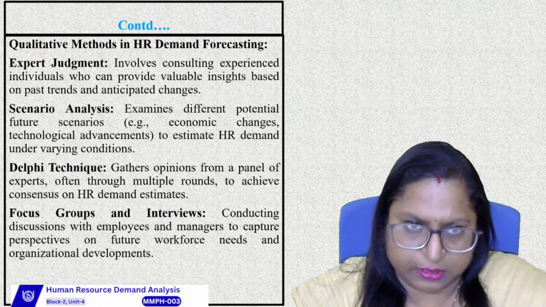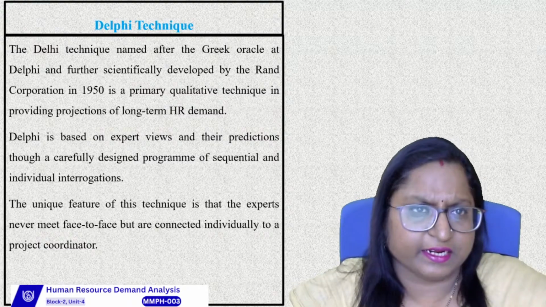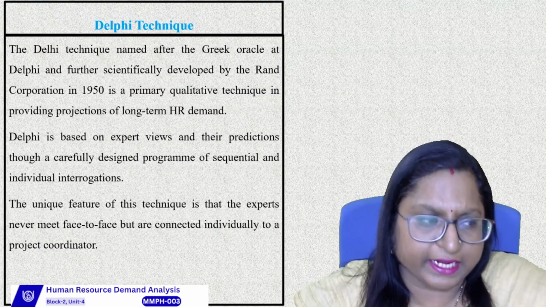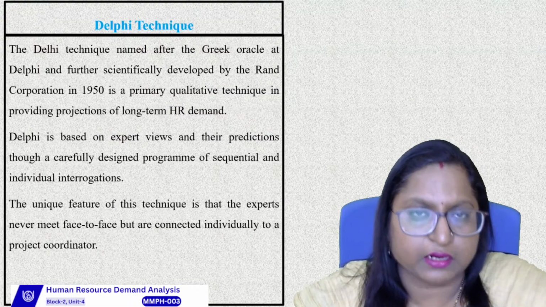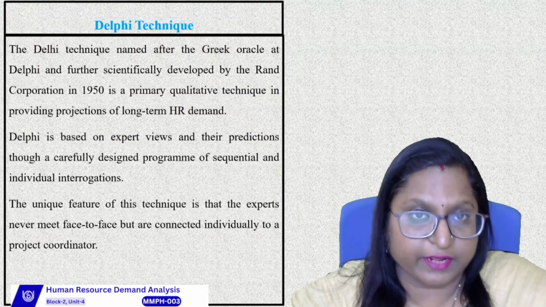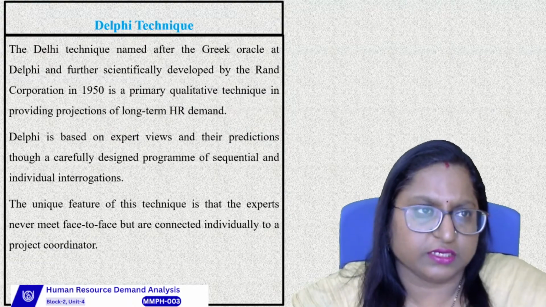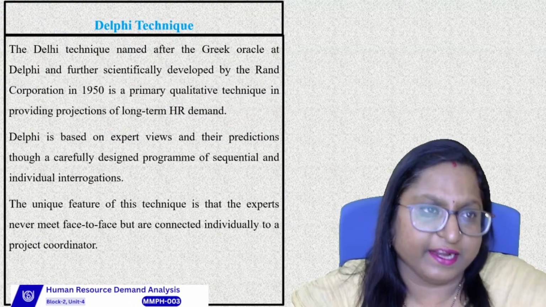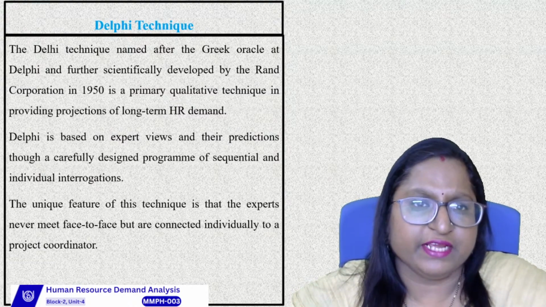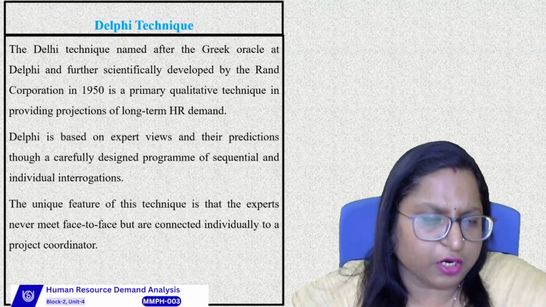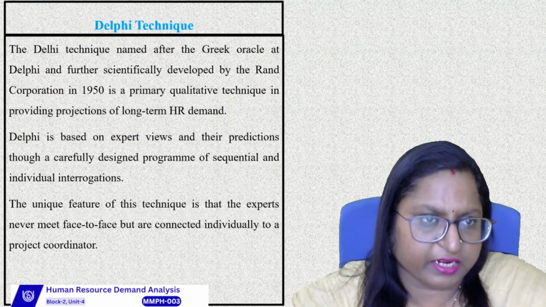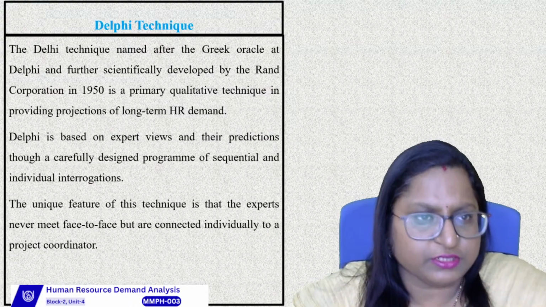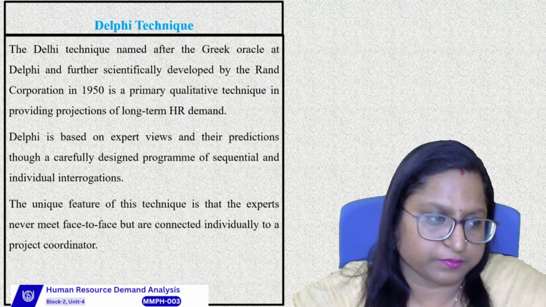Briefly, we'll look at the Delphi technique, which is the most common technique used in qualitative HR demand forecasting. The Delphi technique, named after the Greek oracle at Delphi and further scientifically developed by the Rand Corporation in 1950, is the primary qualitative technique for providing projections in long-term HR demand.